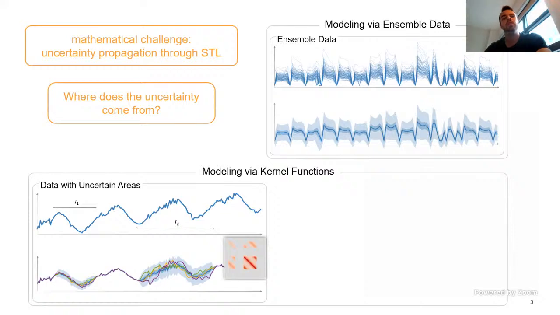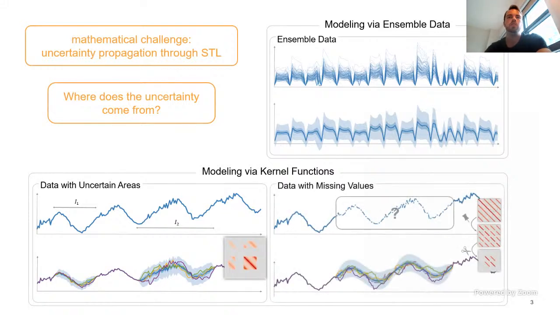And we also have a second application scenario, which is data with missing values. This is a quite common scenario. Here we have a proposition how you can model the mean and also a covariance matrix. But I don't want to go into too much detail. Please refer to the paper if you want to know more about the mathematical details of how we do this.